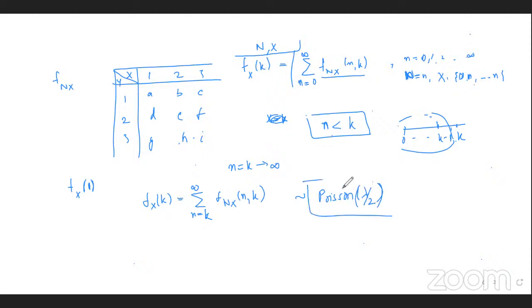Ma'am, what will be the value of lambda in this case? I mean, in the previous weeks, we were calculating the value of lambda by total number of values by total number of frequency. Did you try to solve any problem from the Poisson distribution part? No, ma'am, I did not attempt any because I did not understand.